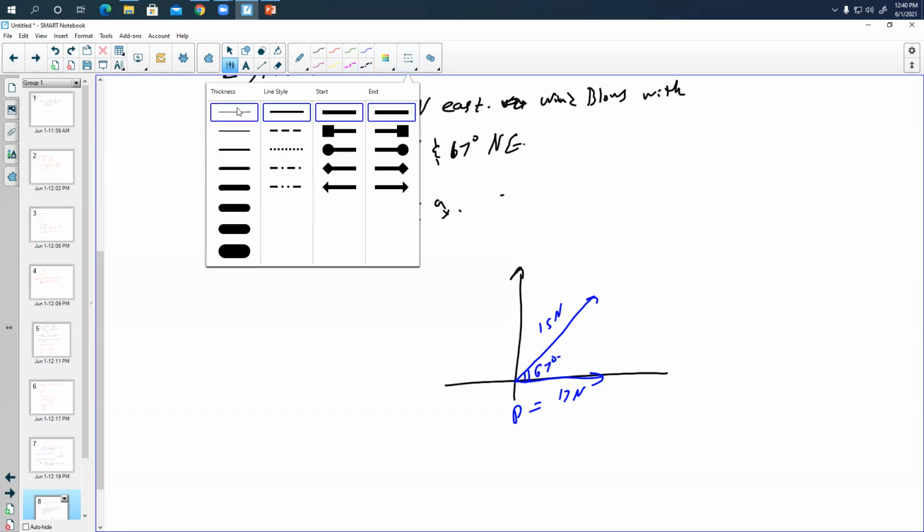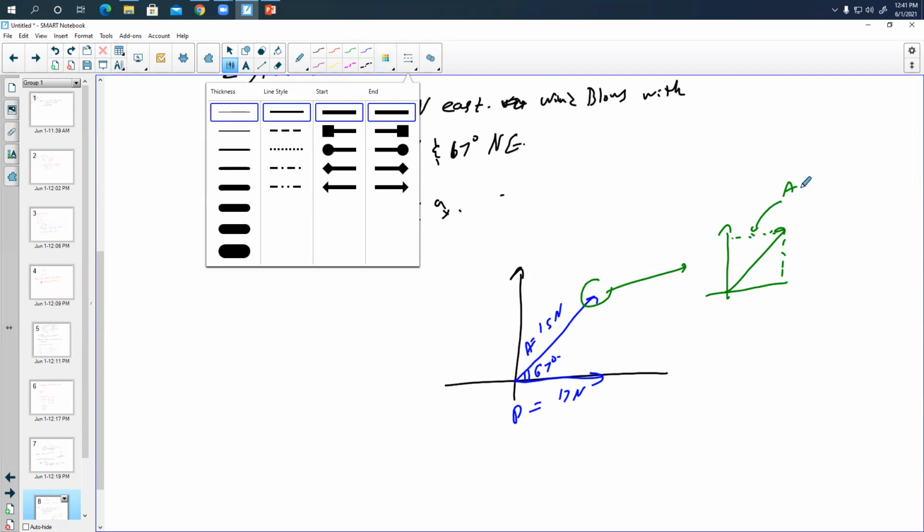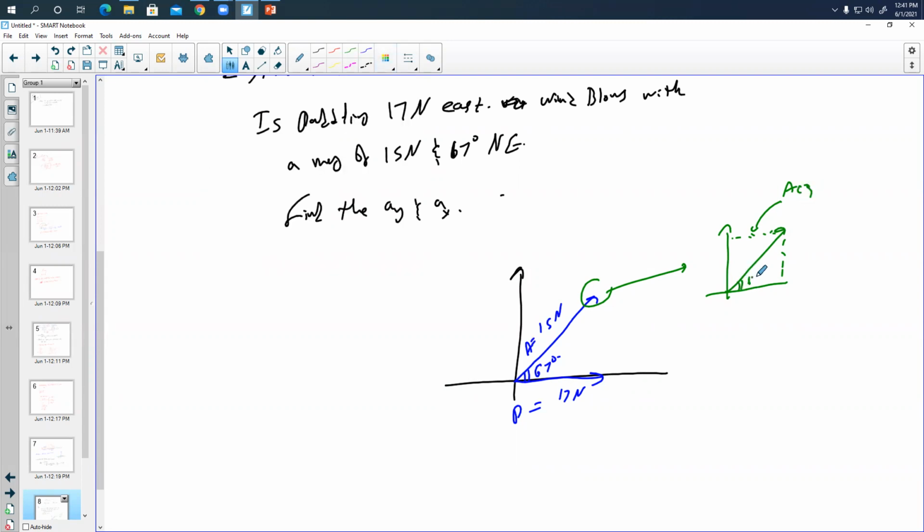Now, this 15 newtons, again, is going to be a resultant of your x and y axis. So this one is going to be your A cosine theta. Let's say A for air. It's when the air is blowing. So A cosine 67, and for this one, it'll be A sine 67.